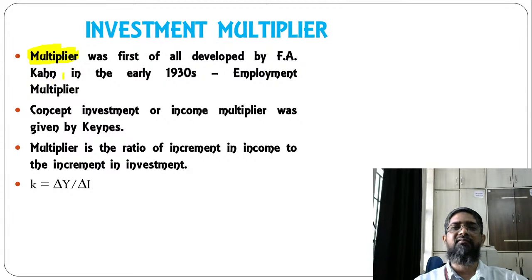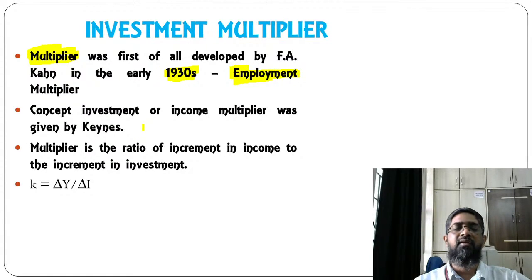So he gave this concept of multiplier and it was first of all the employment multiplier. He gave the concept of how the government can increase employment in the economy, and he gave this concept of multiplier in the early 30s.